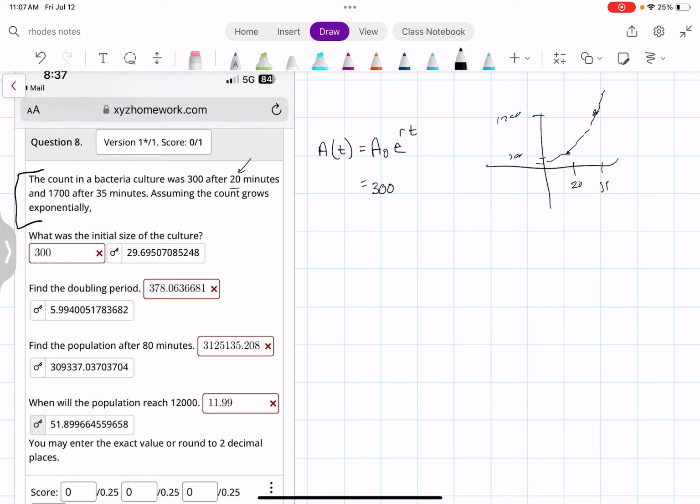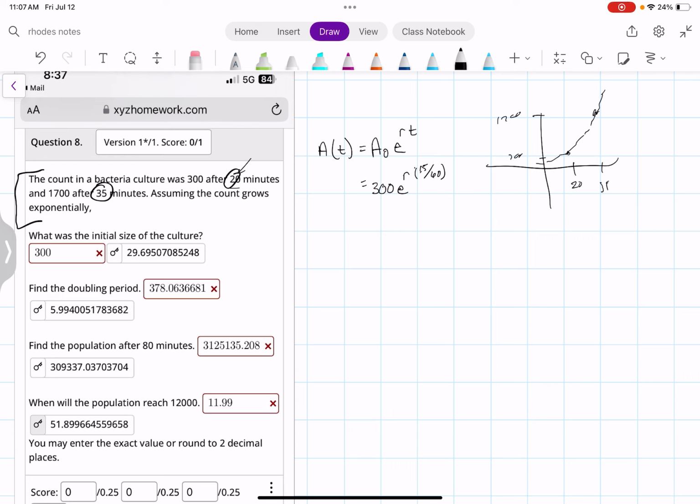So that's what I'm going to do. So 300 is a sub 0 right now, e, r, I don't know. Now for t, I'm going to put in the difference between those 2 times, so 15 minutes out of 60, because it's always in hours.